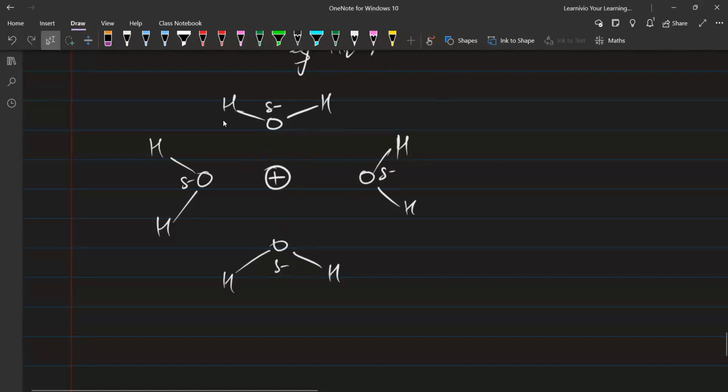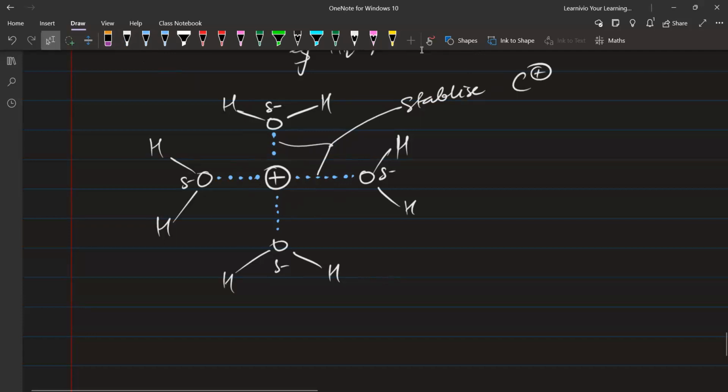So this oxygen atom is going to be attracted by the positive charge like this. क्या ख्याल है? Does it make sense? So there are attractions when we add polar protic solvent in SN1. So these attractions stabilize the carbocation. Make sense?